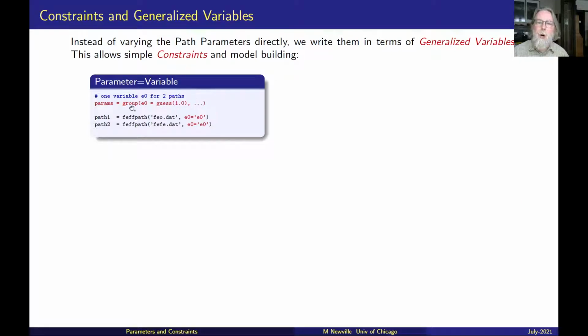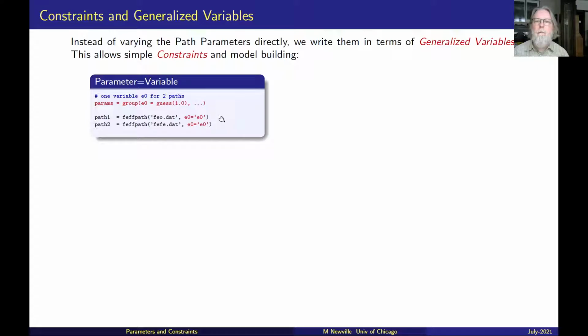So in the code that you would write if you were going to do this in code, or the code that's generated by the GUIs, a path has an E0 that's taken as an expression, E0, and then a parameter, also called here E0, is guessed with an initial value of 1. And we can use the same expression for two different paths. So this one variable will be used for the E0 path parameter for both of those paths.